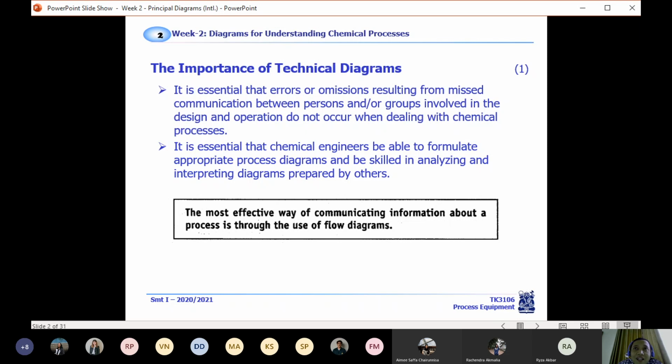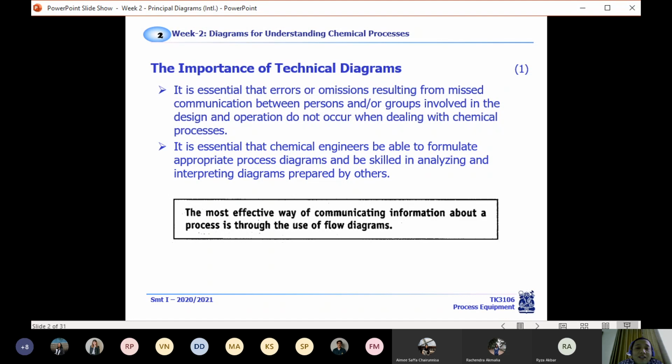At the end of this class, you have a homework: how to describe, how to make a narration, how to make a story related with the process diagram. Don't worry about that one. I will guide you if you have a problem describing the process flow diagram.